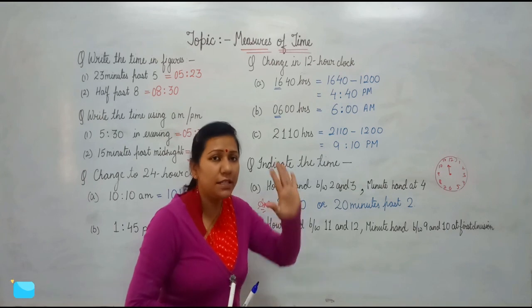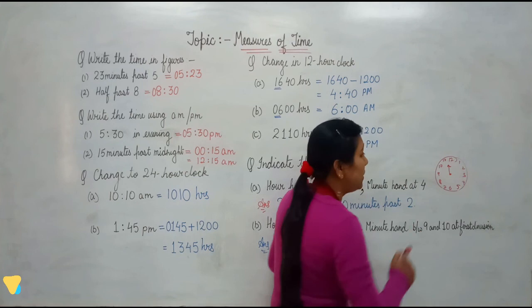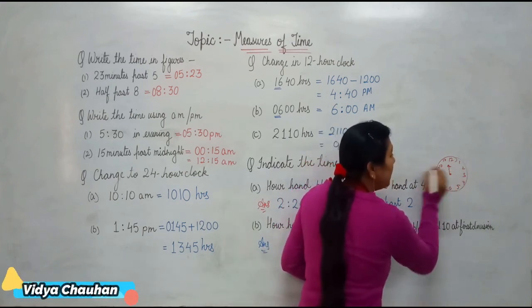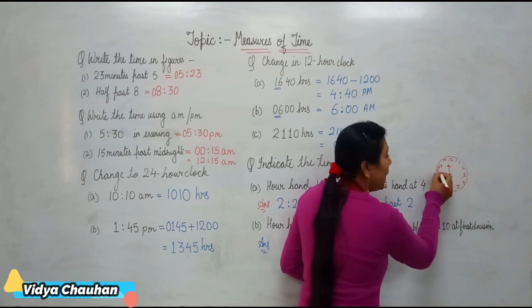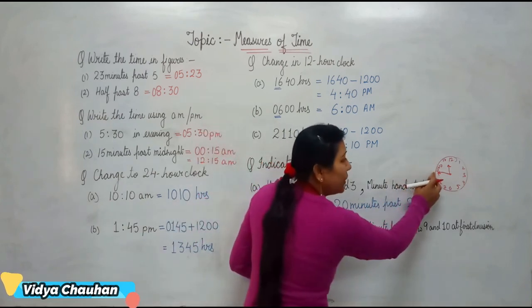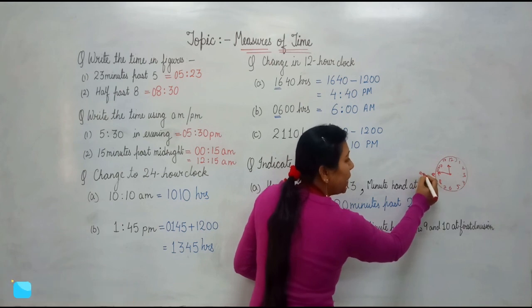Because 9 and 10 is subdivided into 5 divisions. So it is said that it is at the first division. If I draw the 5 divisions like this, our minute hand is at this place, at the first division. So what is the value of the minute hand when the needle is at 9? 9 into 5, which is 45.